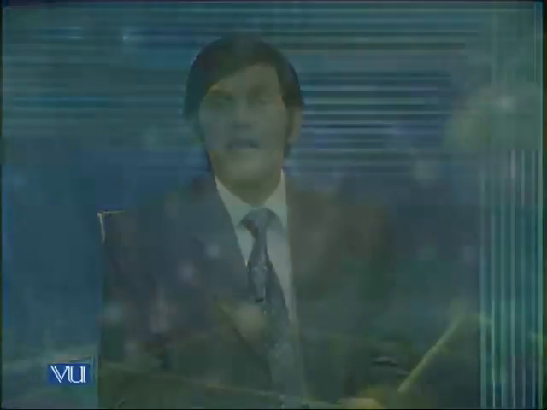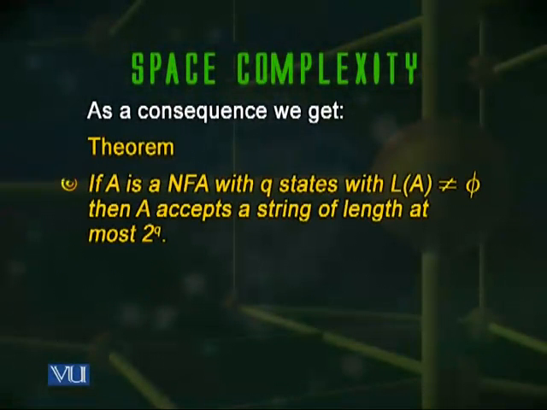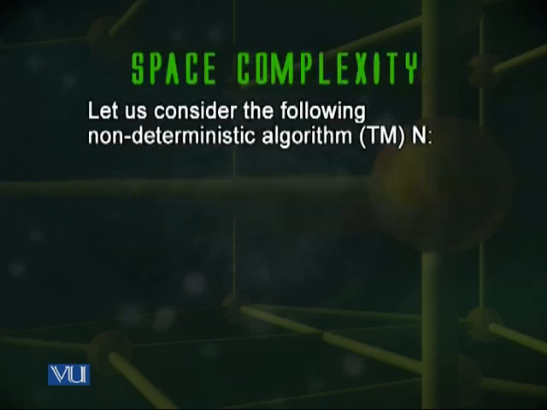Well, if we put these two facts together, we obtain the following fact. As a consequence, if A is an NFA with Q states and the language of A is not empty, then A accepts a string of length at most 2 to the Q. We will use this fact to come up with a non-deterministic Turing machine.